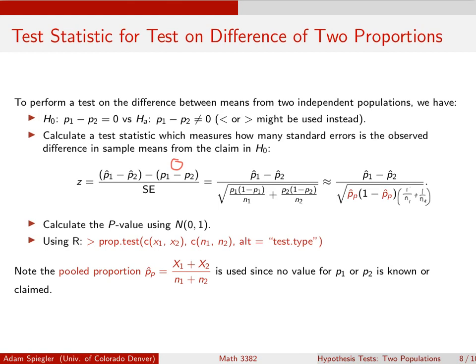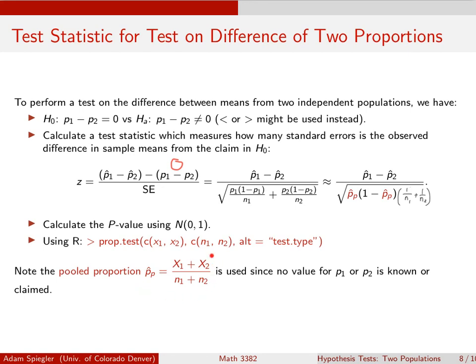If we're comparing two populations, then I put the number of successes from sample 1, number of successes from sample 2, number of observations from sample 1, number of observations from sample 2, and then over here we would put two-tail or greater or less depending on the alternative hypothesis.